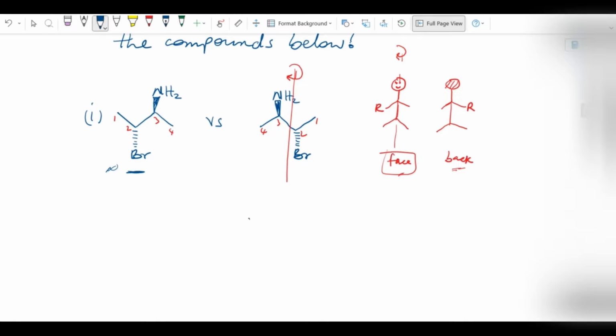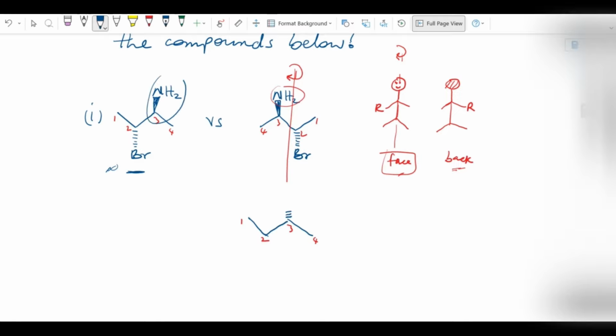So when we do that, carbon 1 will now be here. This will be 2, this will be 3, this will be 4. So the NH2 is on carbon 3. So we're going to place the NH2 on carbon 3.